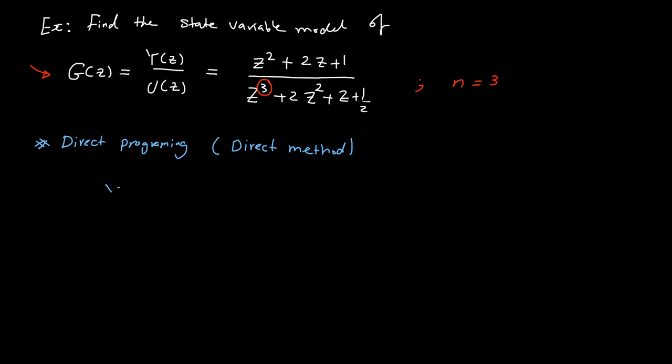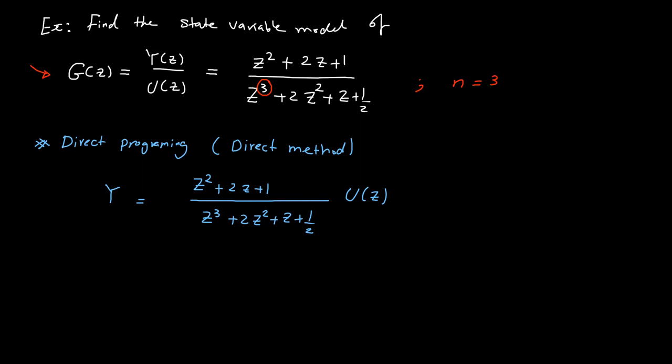First thing, write Y in terms of the transfer function: (z squared plus 2z plus 1) over (z cubed plus 2z squared plus z plus 1 over 2) times U of z.